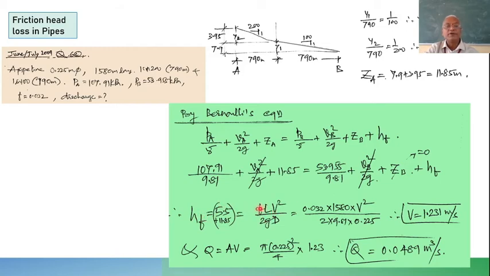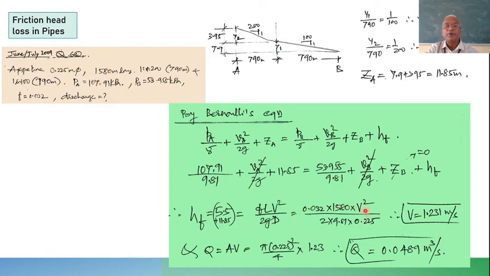So this HF should be equal to... You could have done it as FLQ squared divided by G pi squared d raised to 5. That would have been easy, but anyway, here I have used FLV squared by 2gD. Now F is given 0.032, L is 790 plus 790, that is 1580 meters.